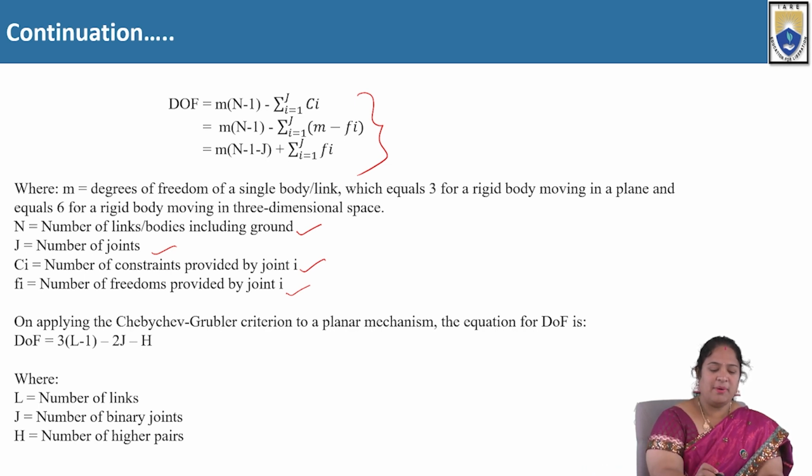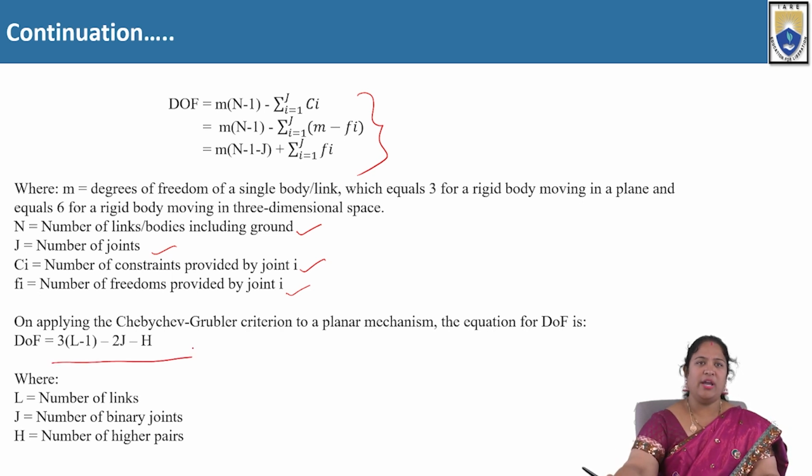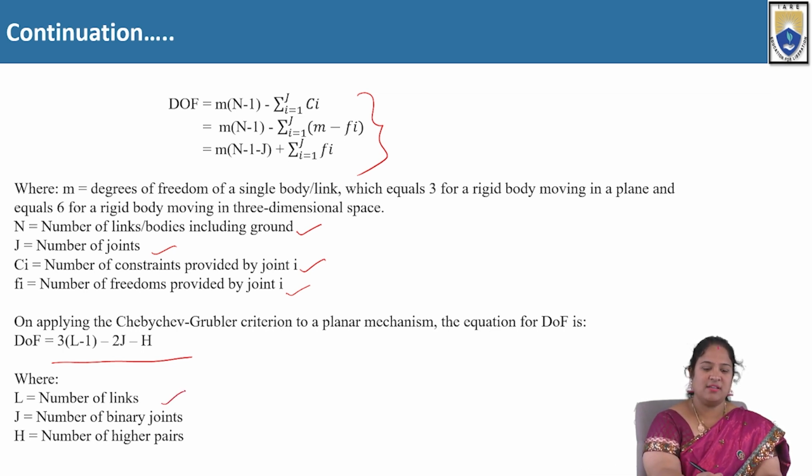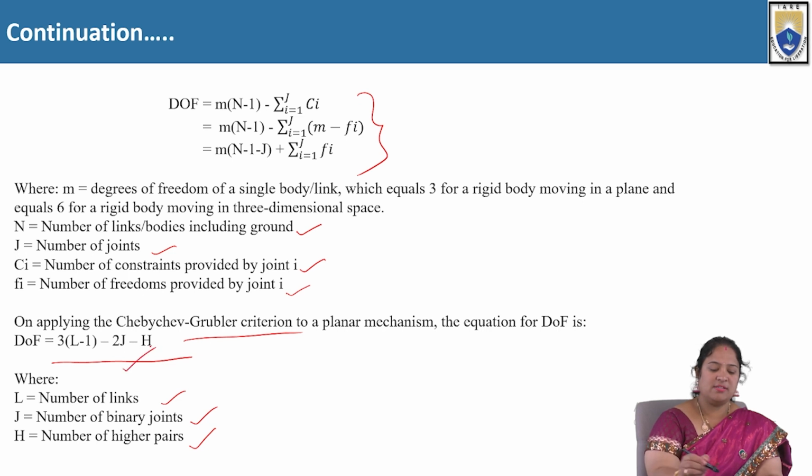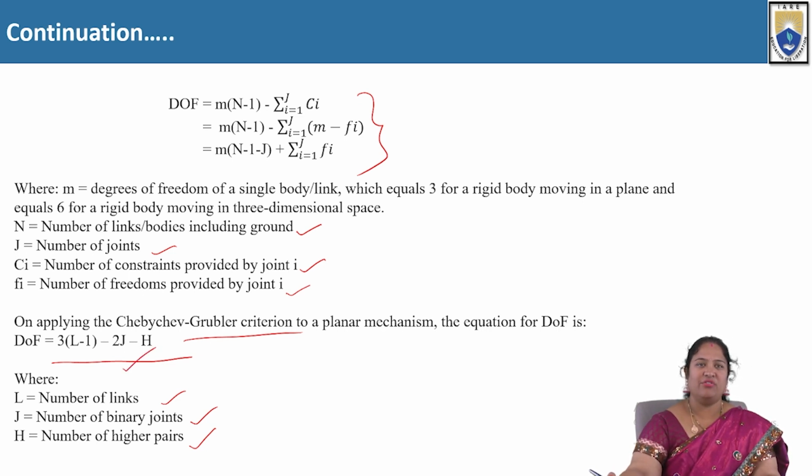By applying the Grubler formula for a planar mechanism, the equation for the degree of freedom will be equal to 3 into (L minus 1) minus 2j minus h, where L is the number of links, j is the number of binary joints, and h is the number of higher pairs. So in order to give a simple formula for calculating the degree of freedom, Grubler gave a simple equation stating that the degree of freedom is equal to 3 into (number of links minus 1) minus 2 into the number of binary joints minus the number of higher pairs.